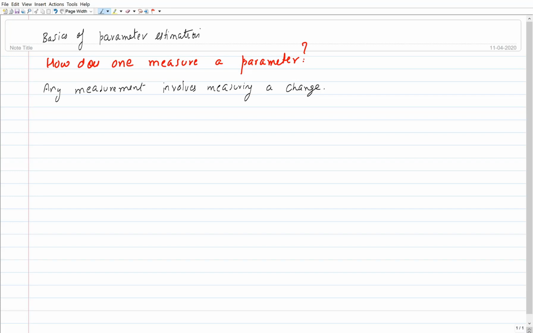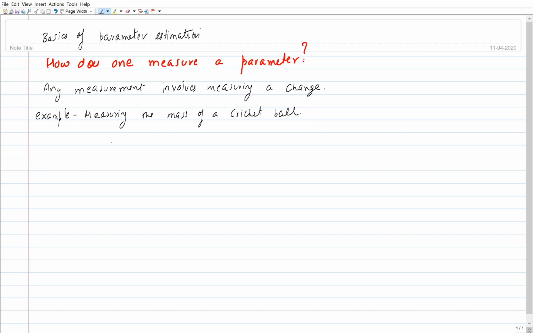For example, let's say I need to measure the mass of a cricket ball. Now, this measurement, how would I measure it?